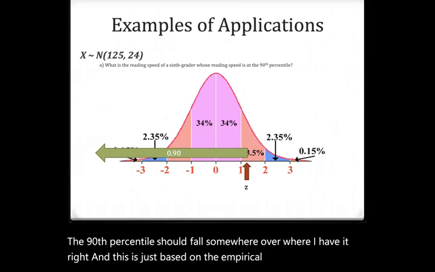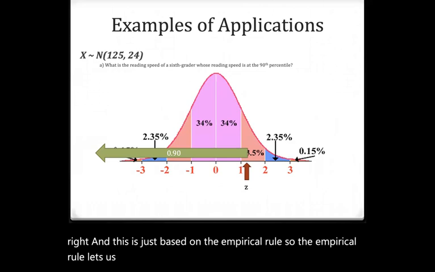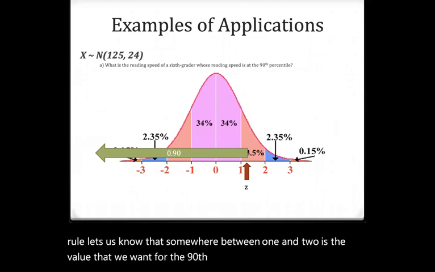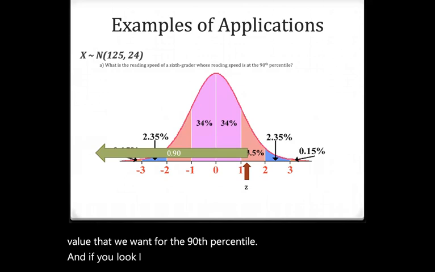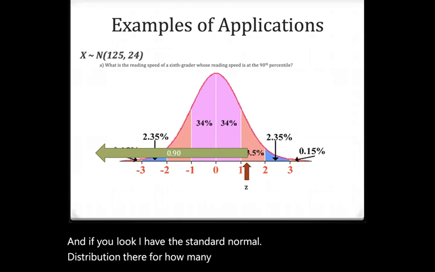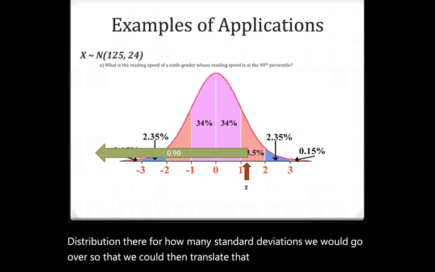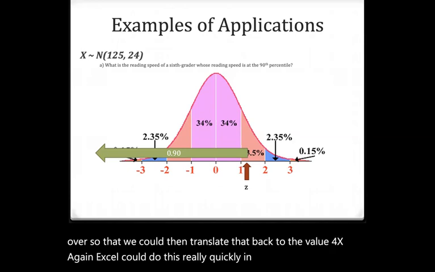The empirical rule lets us know that somewhere between 1 and 2 is the value that we want for the 90th percentile. I have the standard normal distribution there for how many standard deviations we would go over, so that we could then translate that back to the value for X. Again, Excel could do this really quickly in one step, and I will show you that.